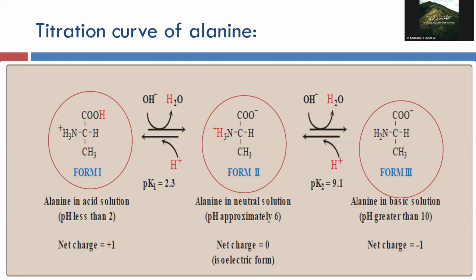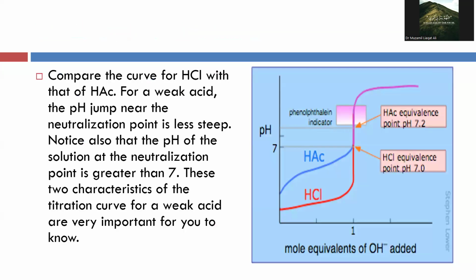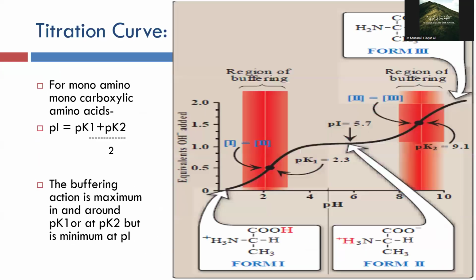Now, let's move to the titration curve of alanine. Alanine is a monoamino monocarboxylic amino acid. It has one amino group, NH2, and one carboxylic group, COOH. Its titration has a first flat region around 2.3, and as you know, the pK1 is provided by the carboxylic group.